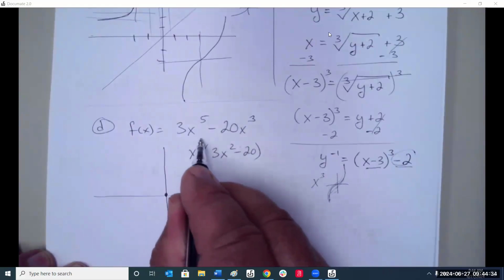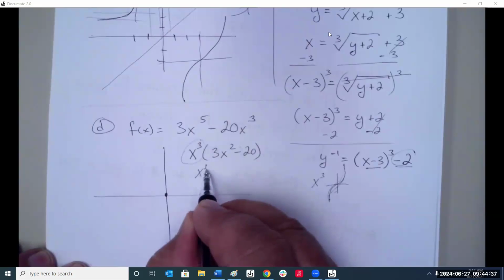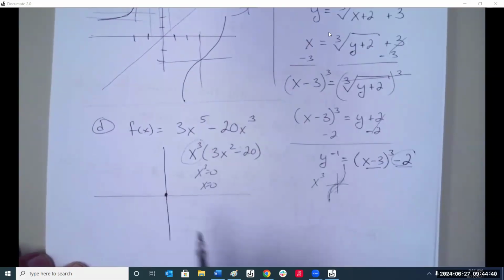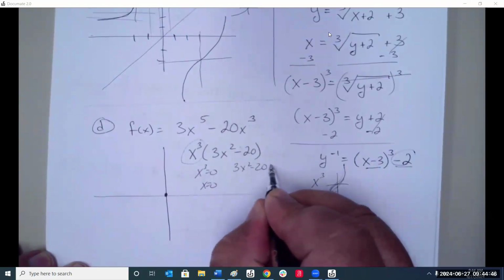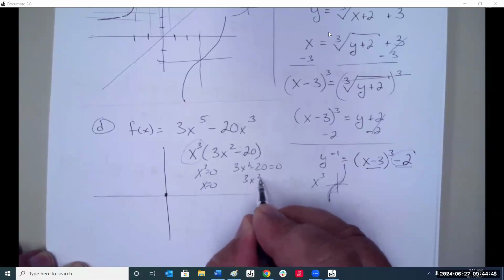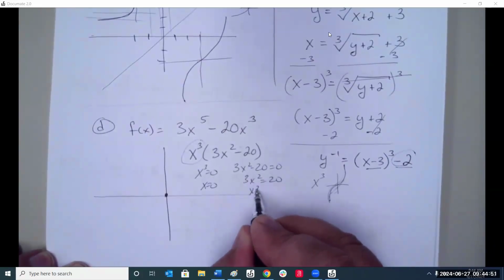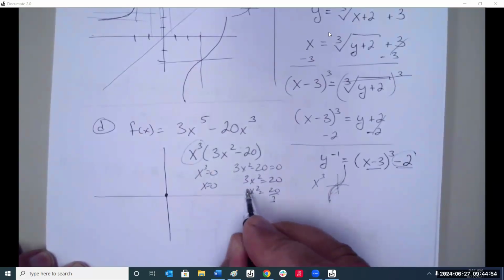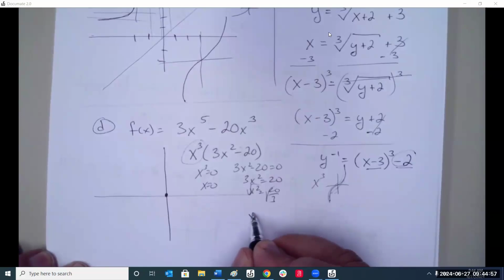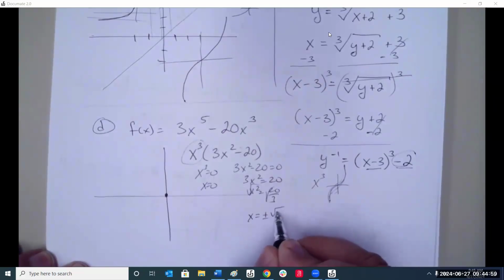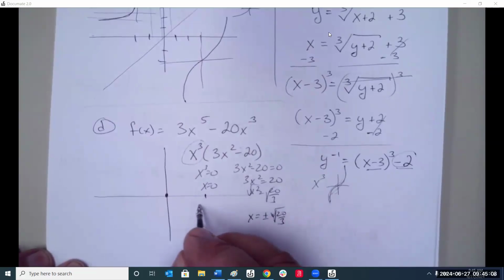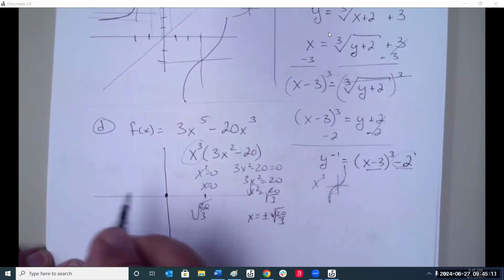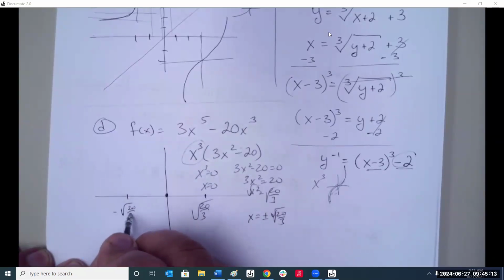So we have x cubed equals 0, so x equals 0. Check. And then solve this one. 3x squared equals positive 20, so x squared equals 20 over 3. Square root both sides, so x equals plus or minus the square root of 20 over 3. So here's positive and here's negative.